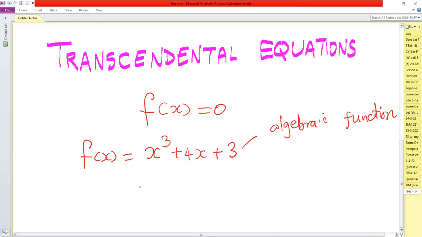Now when we write x cubed plus 4x plus 3 equals 0, then it becomes an algebraic equation.